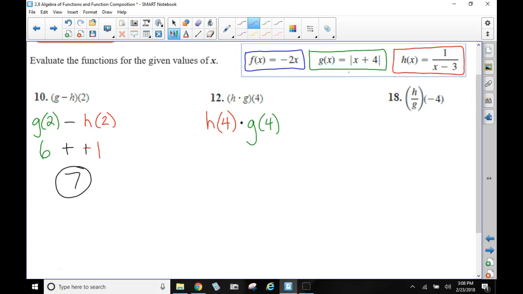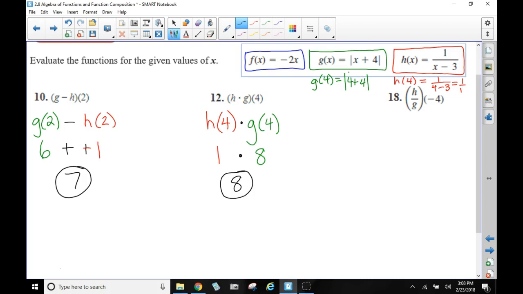Calculating h at 4, that's going to be 1 over 4 minus 3, which is just 1. We're multiplying 1 by g evaluated at 4, which is the absolute value of 4 plus 4. The absolute value of 8 is 8. So 1 times 8 is 8. We get 8 for our answer.